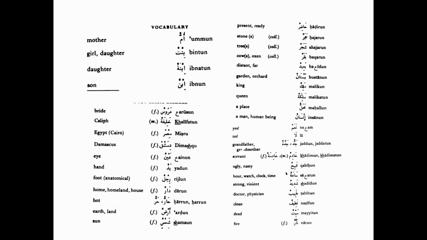Usually all of them are going to be masculine unless there's an F right next to the word, which means feminine. So take a look at this vocabulary, put this in your notes, take a picture of this, whatnot. You'll need to know some of these words just to make some great sentences with them when we keep going with the homework.